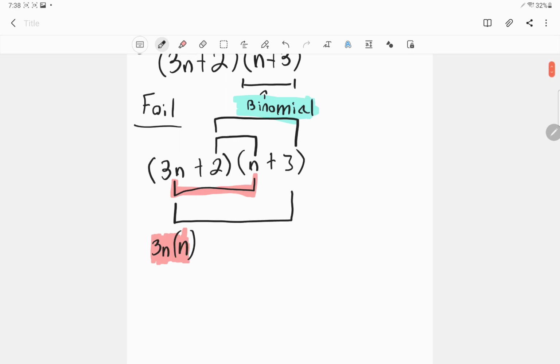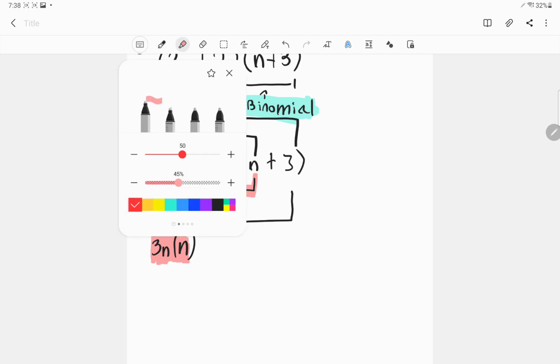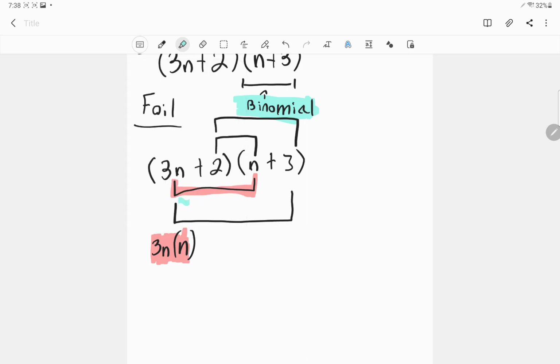That's what I'm gonna write right there, right? Now the second one that I'm gonna multiply by, it's gonna be 3n multiplied by the number 3. So I'm gonna write it real quick. It's gonna be right here. It's gonna be 3n times 3. Okay, that's gonna get rid of the first thing.